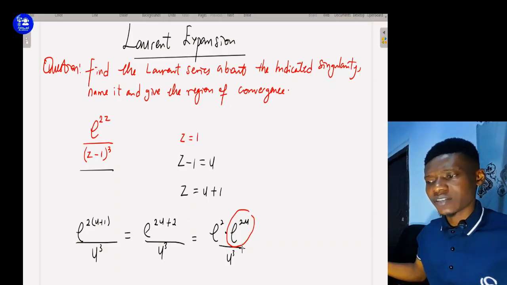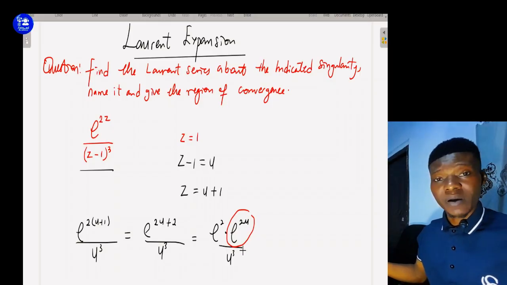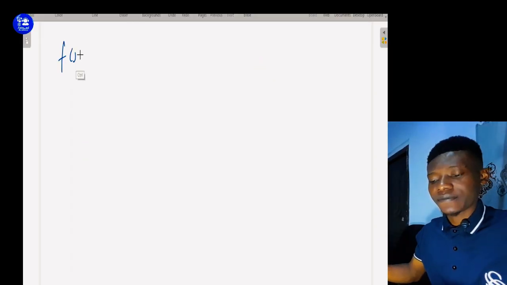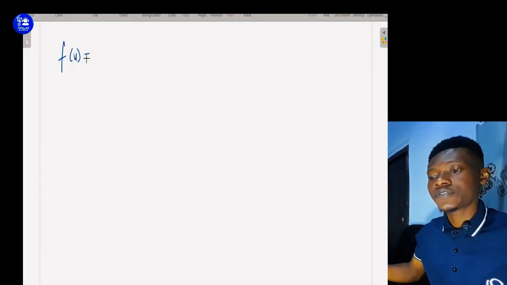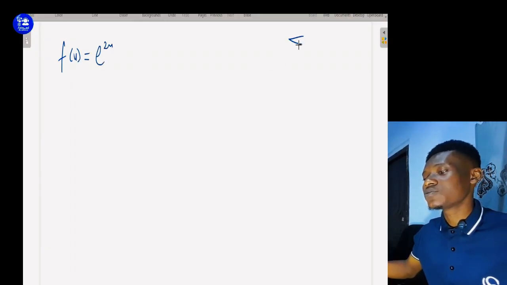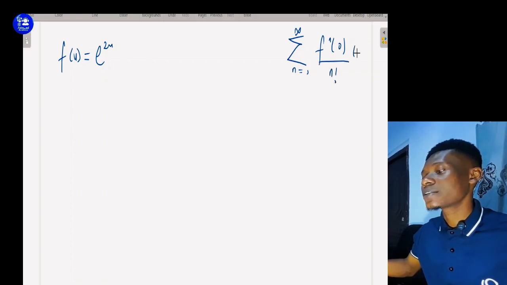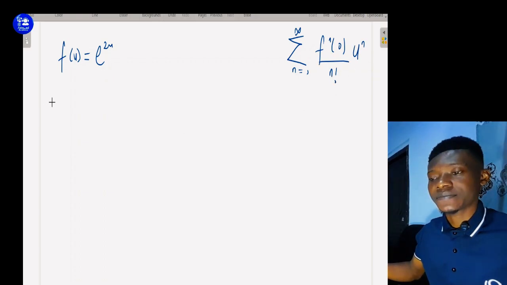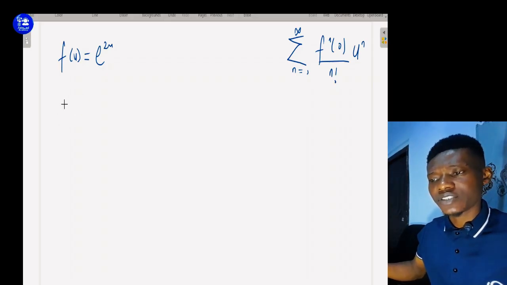So let's do the Taylor series of e raised to power 2u together. When f of u is equal to e raised to power 2u, we are using the Taylor's expansion, that is f n of 0 over n factorial times u to the power of n. So now let's differentiate.